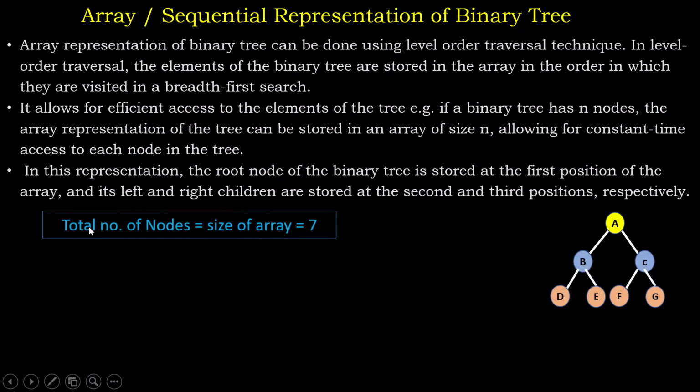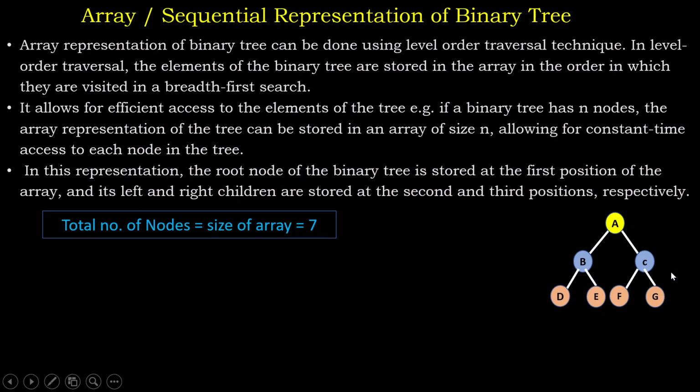If you are going to represent this tree, here we have one binary tree. First the root is a, and a has two children, b and c. b has again two children, d and e, and c has two children, f and g.